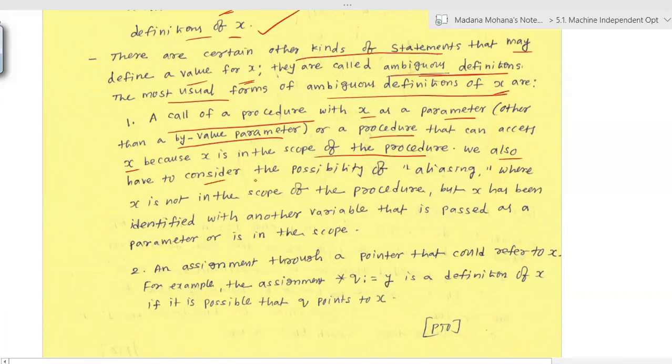We also have to consider the possibility of aliasing, where X is not in the scope of the procedure, but X has been identified with another variable that is passed as a parameter or in the scope. This is the first useful form of ambiguous definition.